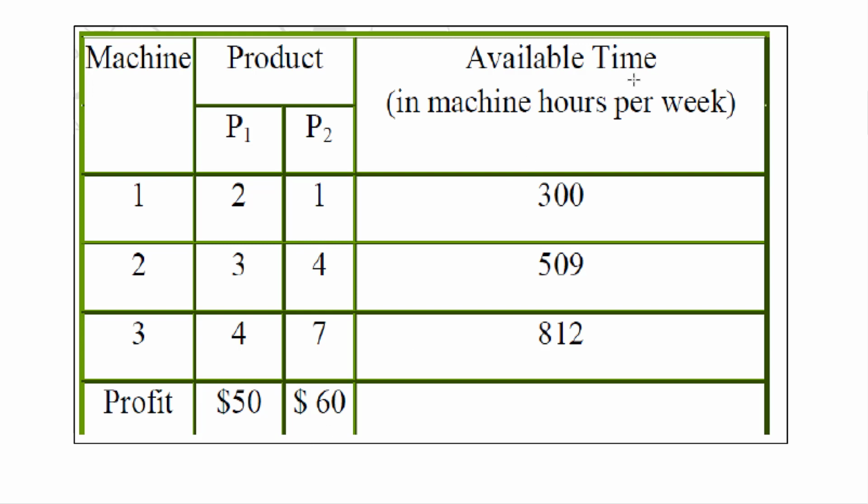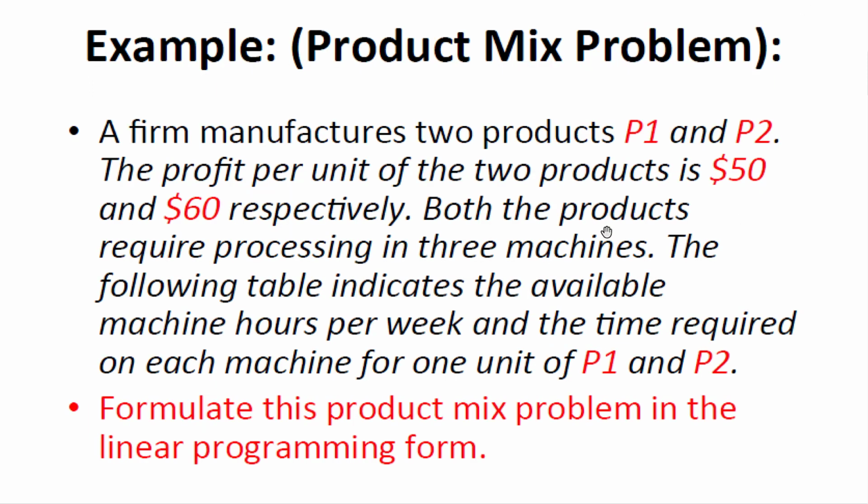The available time for the first constraint is 300, the second constraint is 509, and the third constraint is 812. So what is required is to formulate this product mix problem in linear programming form.